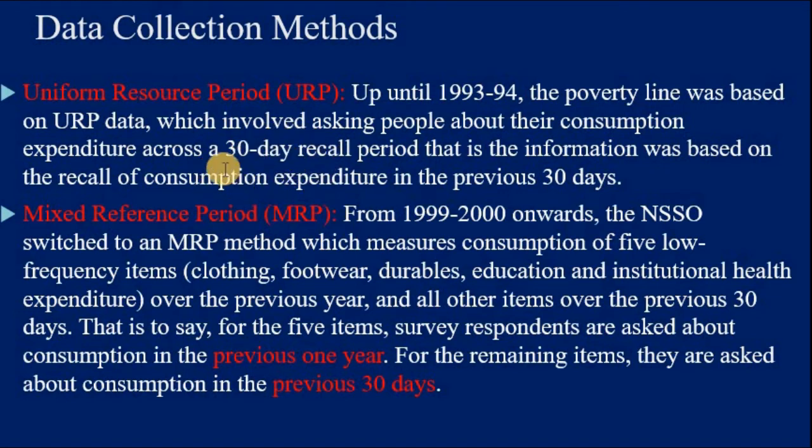So it's mainly based on the consumption expenditure in the previous 30 days, how much they spent in the past 30 days, and that's recalling how much they spent. That is the method used up to 1993-94. This method was used in India.